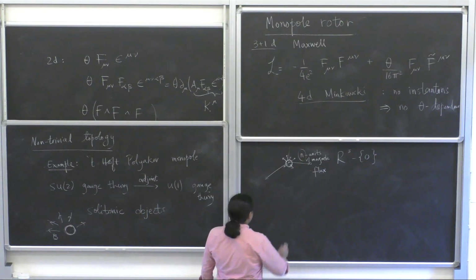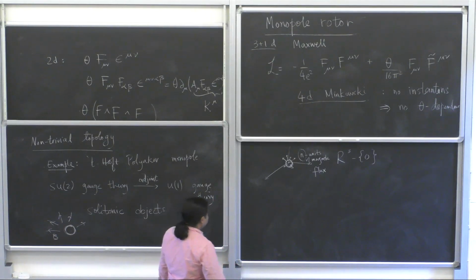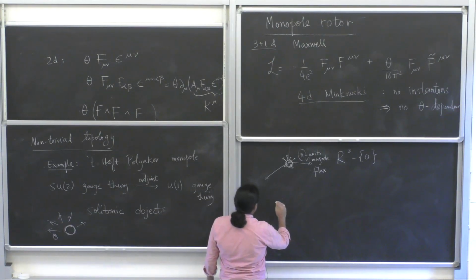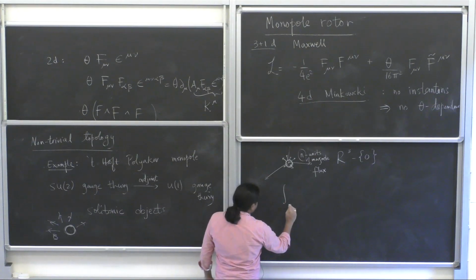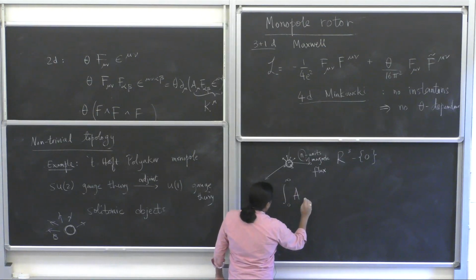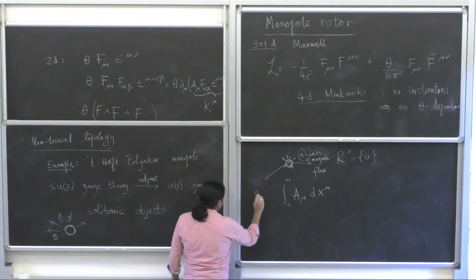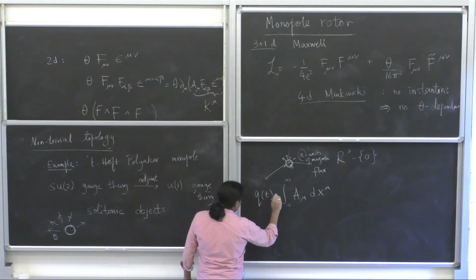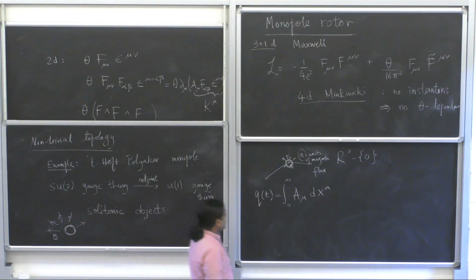This particular boundary condition means that what we can now study is a Wilson line-like operator, a line operator, starting at the origin and ending at some point at infinity.